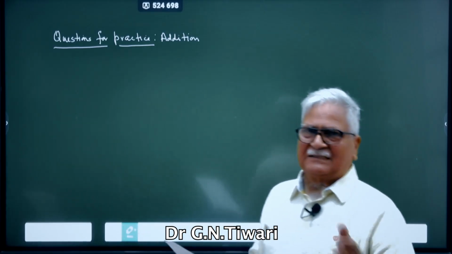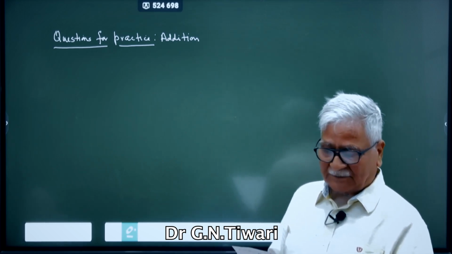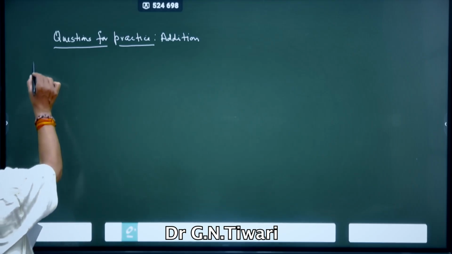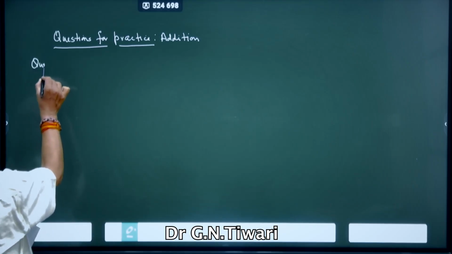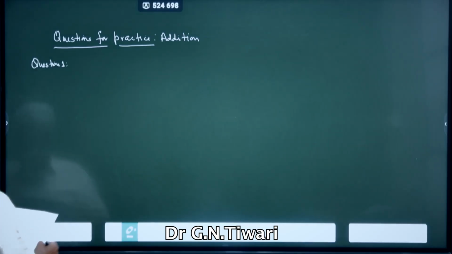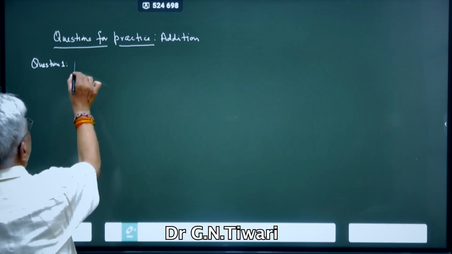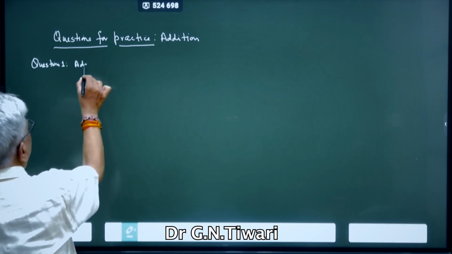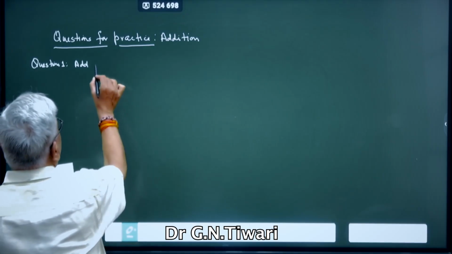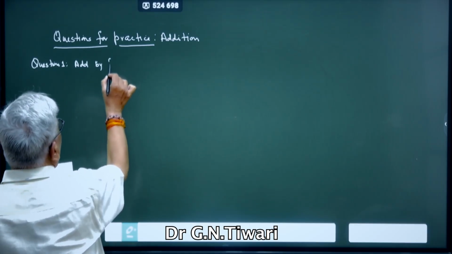There is horizontal addition and vertical addition. I have already told you the meaning of horizontal addition and vertical addition. Question 1: add by forward counting.